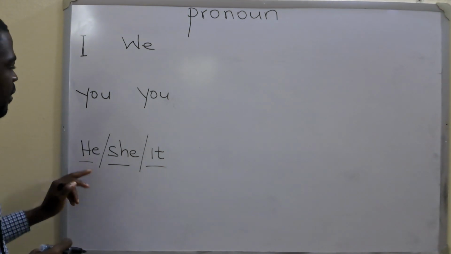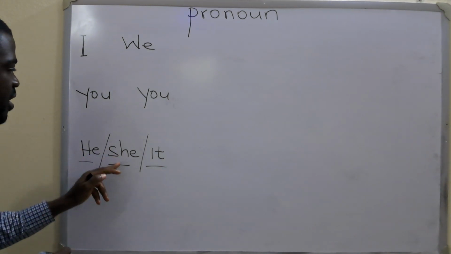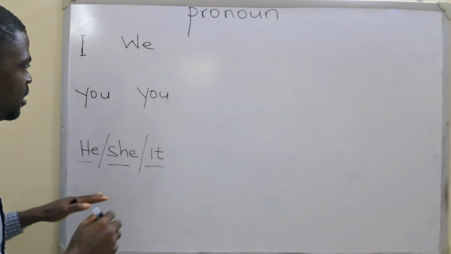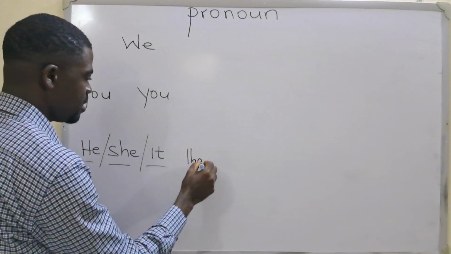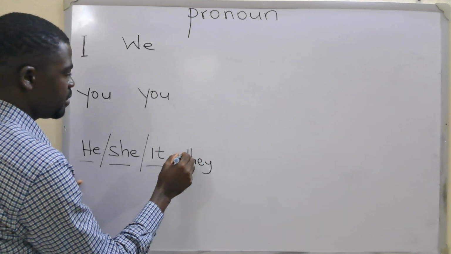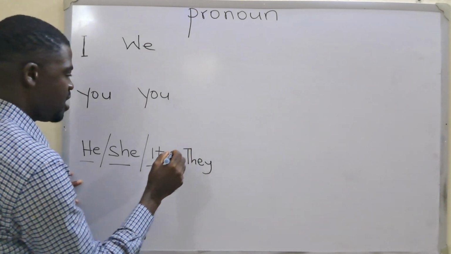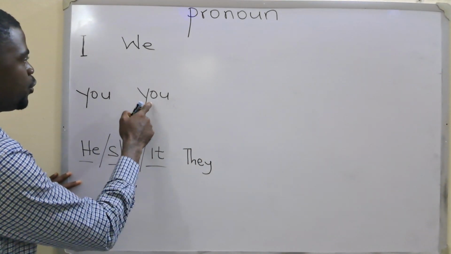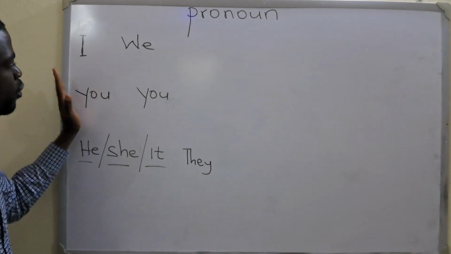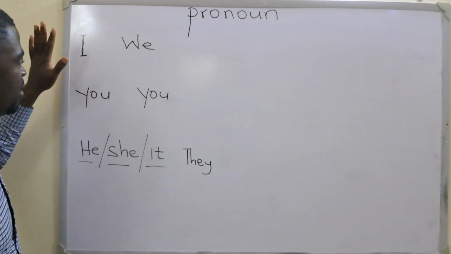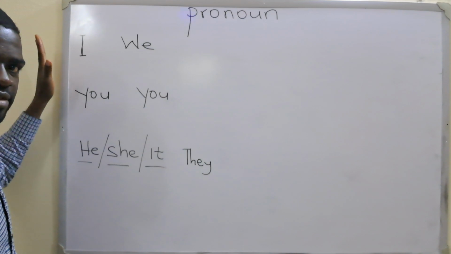The plural of he, she, or it is they. So we have they, you, we. This indicates the plurals of these personal pronouns.